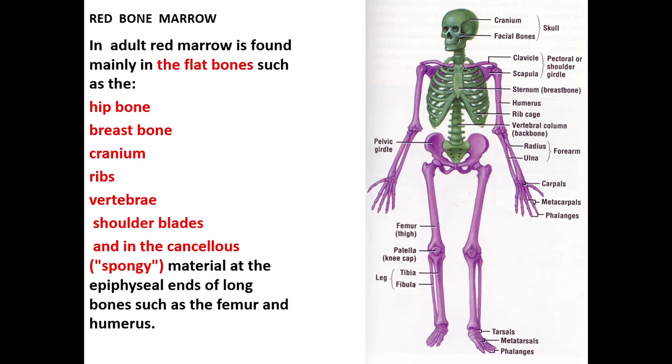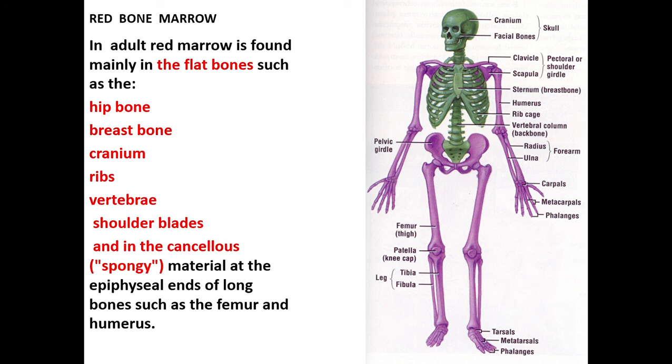In an adult individual, the red marrow is found mainly in the different flat bones of the body, such as the hip bone, the breastbone, the cranium, the ribs, the vertebrae, the shoulder blades, and in the cancellous part of long bones, or the spongy part of long bones, which is the epiphysis.